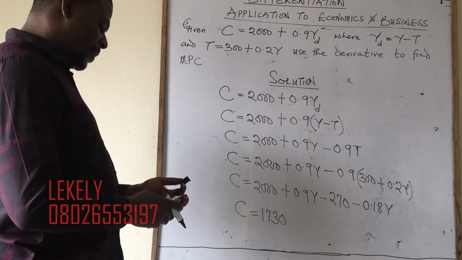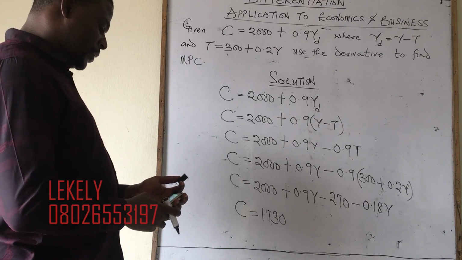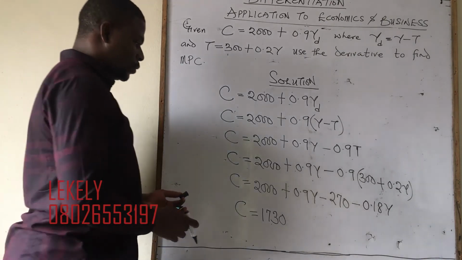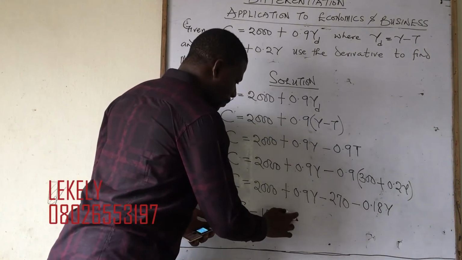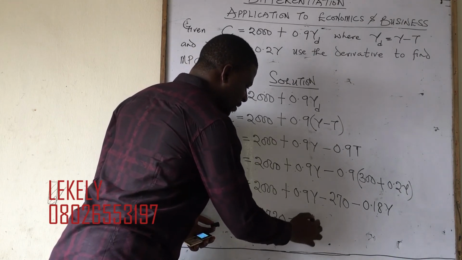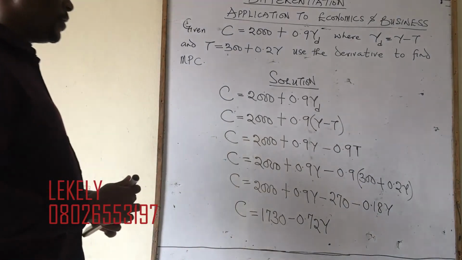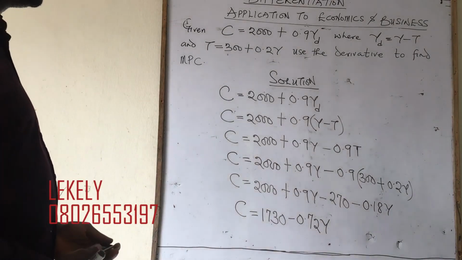Then if you combine 0.9Y minus 0.18Y, what would that give you? That will give you 0.72Y.